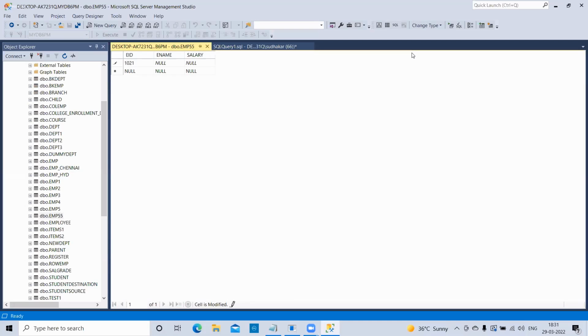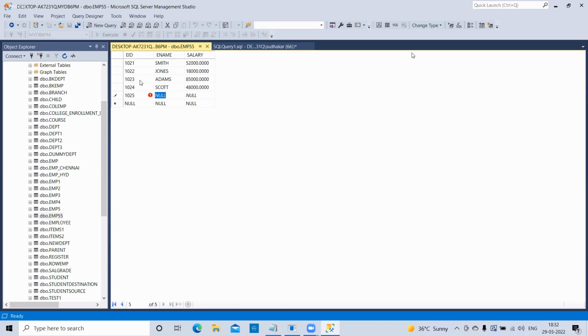1021, the name is Smith, and the salary was 52,000 rupees. 1022, the name is Jones, suppose it is 18,000 rupees. The next one is 1023, the name is Adams, and this person's salary was 85,000 rupees. 1024, the name is Scott, salary 48,000 rupees.